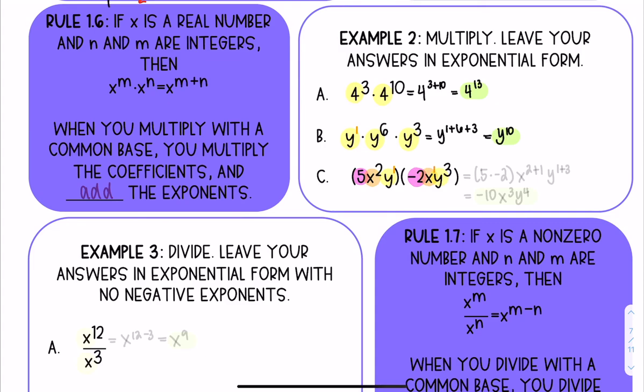So we have 5 times negative 2. And then we're going to add the exponents on the x's and then on the y's. So x to the 2 plus 1 and y to the 1 plus 3. And so we end up with negative 10 x cubed y to the 4th.